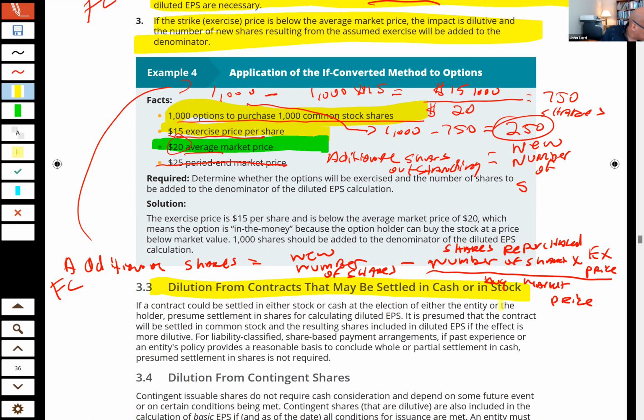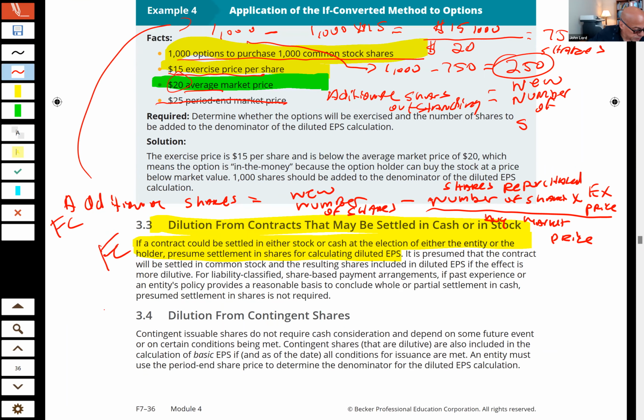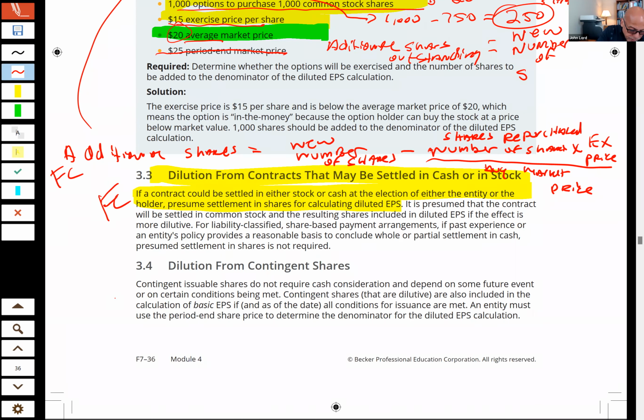If the contract may be settled in either cash or stock at the election of either the entity or the holder, presume settlement in shares when calculating diluted earnings per share. Flashcard that.